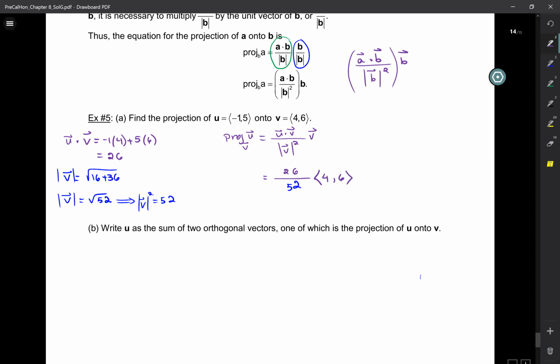It's 4, 6. Right, the magnitude of V was root 52, and the square of that was just 52. So the projection of U onto V is 1/2 of 4, 6, which is 2, 3.